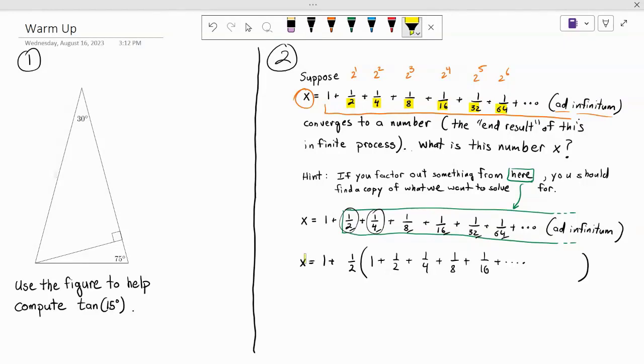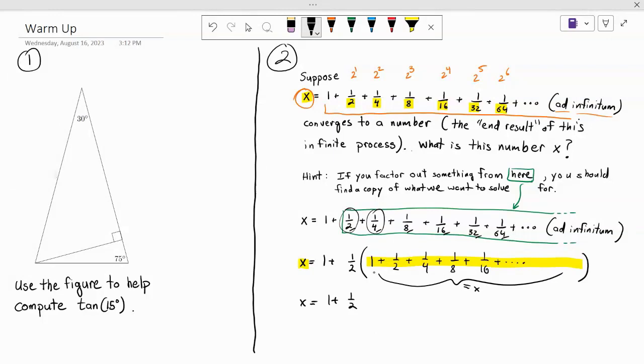So what you notice is that if x was that whole sum, you have x here as well. This whole thing is x itself, if you look at the original definition of x. x is 1 plus a half plus a quarter, and so on and so forth. So you get x is 1 plus 1/2 times, and all of this itself is another copy of x.